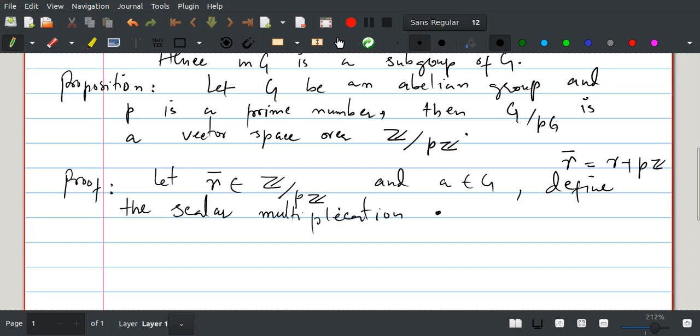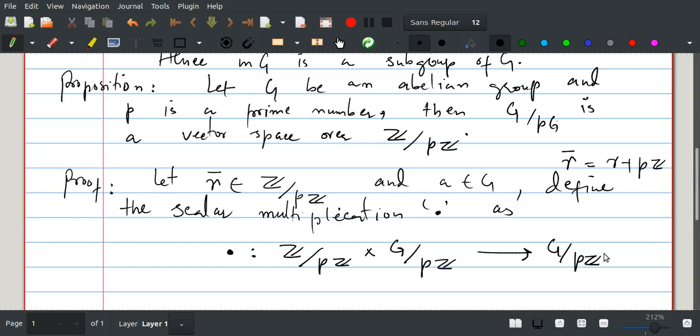That is denoted by this dot, a map from Z mod PZ cross G mod PG to G mod PG.